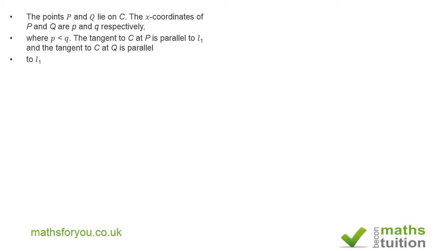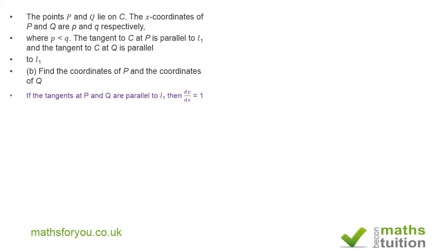Okay, right. That means that the derivative from the equation we had in part A will be equal to 1. So let's find the coordinates of P and the coordinates of Q. As I said earlier, the derivative for the tangents at P and at Q will be 1 because they're parallel to L sub 1.